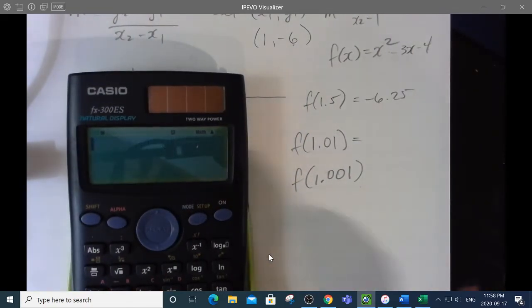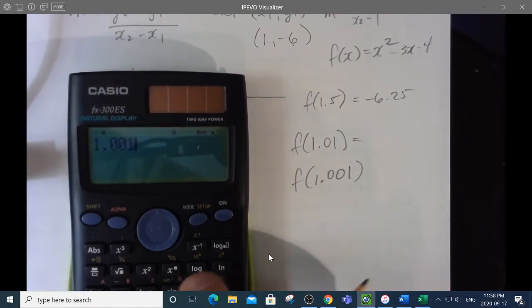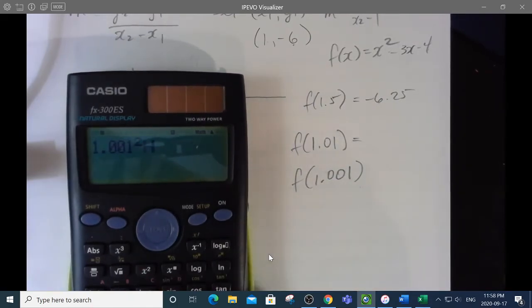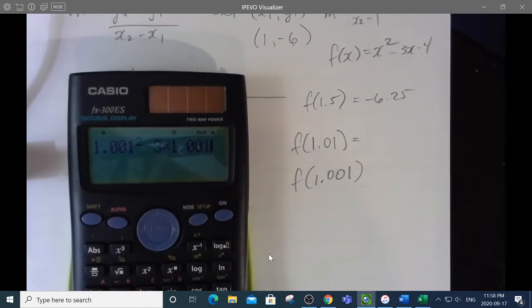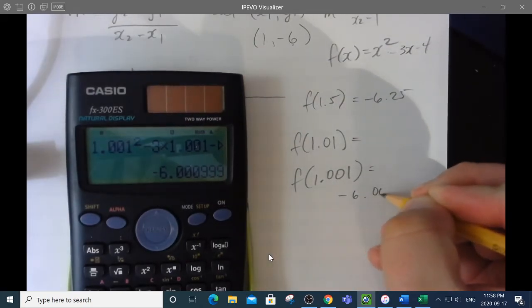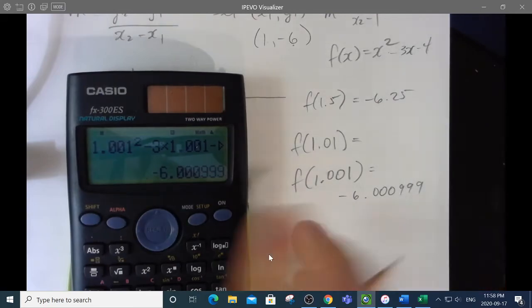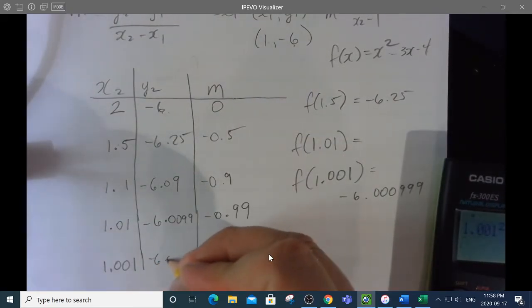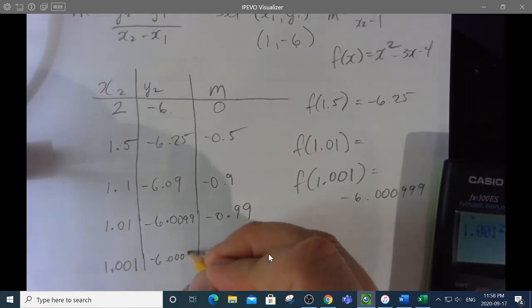So that is 1.001 squared minus 3 times 1.001 minus 4, big equals, negative 6.000999.